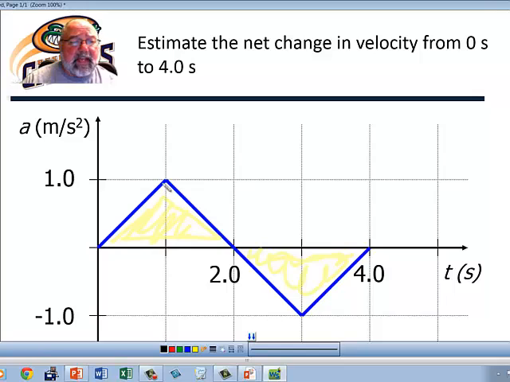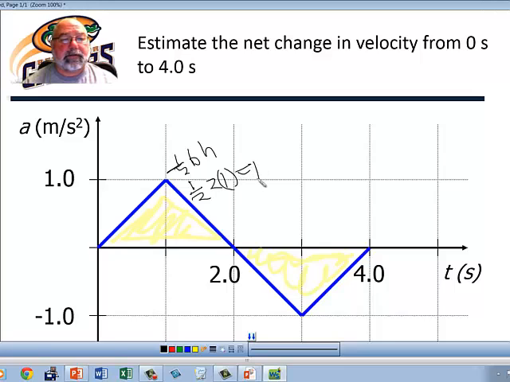Well, what we have here is a triangle, and the area of this triangle is 1/2 the base times the height, which is 1/2 times 2, that's the base, and the height is 1. That gives us an area of 1.